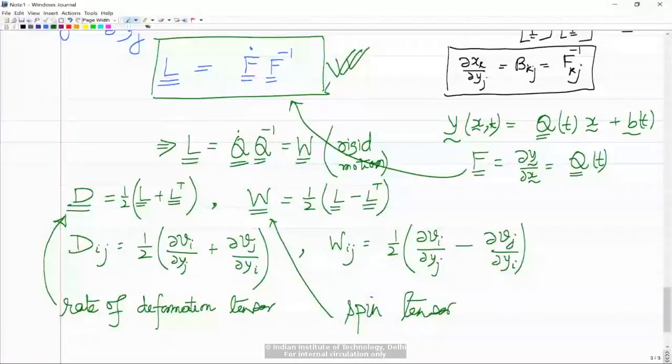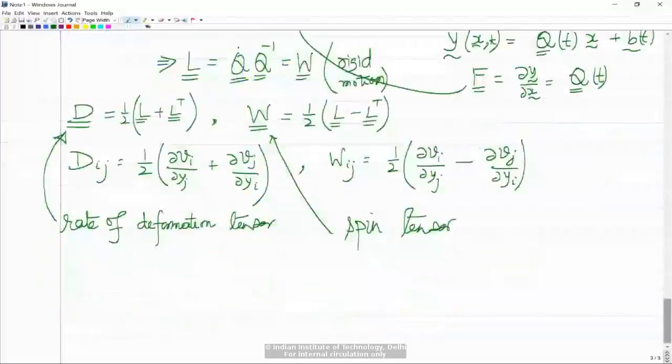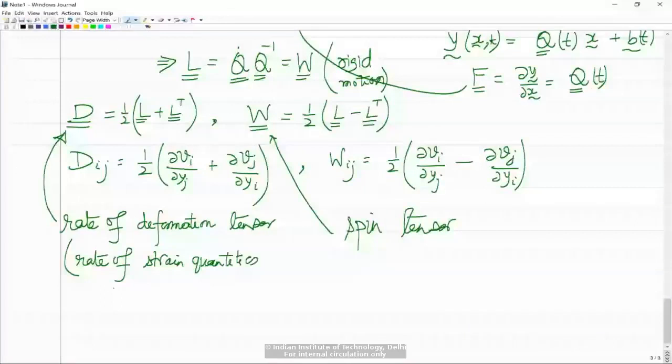Okay, so you have this D and W. D is the rate of deformation tensor and W is the spin tensor. And like I was telling you, it is the D part which will figure whenever you try to derive the rate of strain. So rate of strain, all the strain quantities, depend on just the D part.